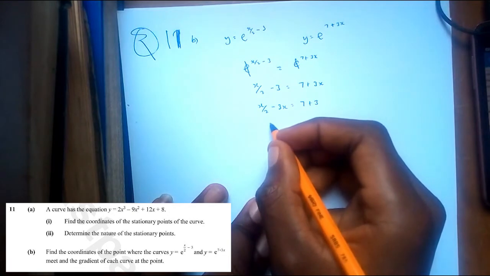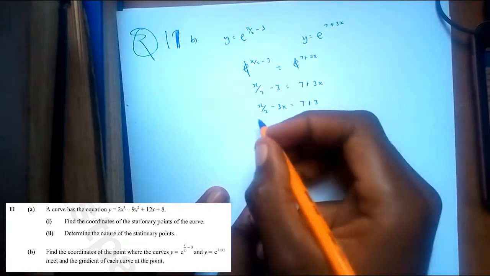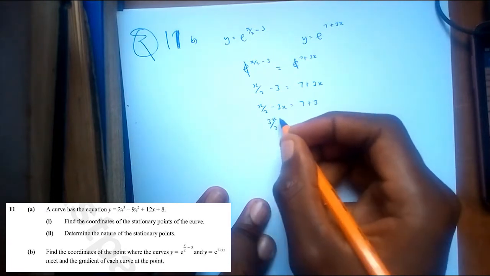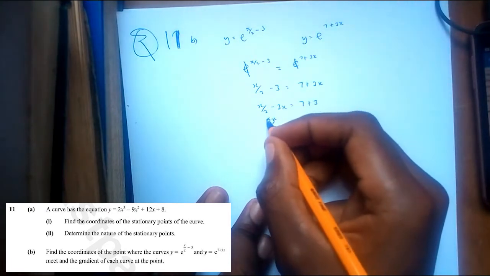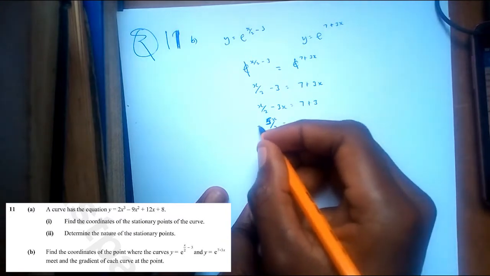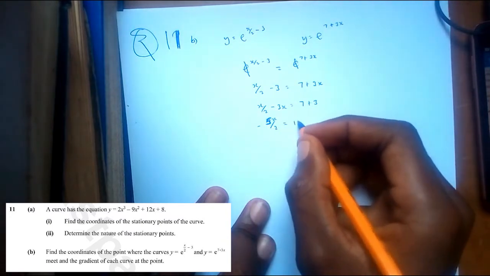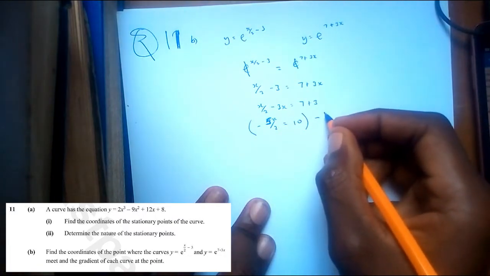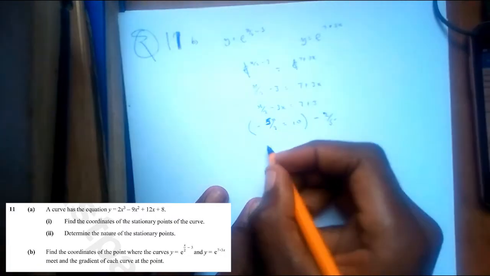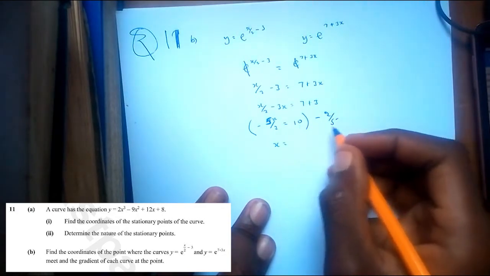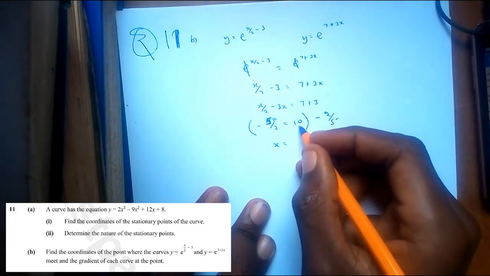Negative 5x over 2 is equal to 10. Then to get rid of the fraction, we multiply by negative 2 over 5. So x will be equal to 10 divided by 5 times negative 2, that will be negative 2.